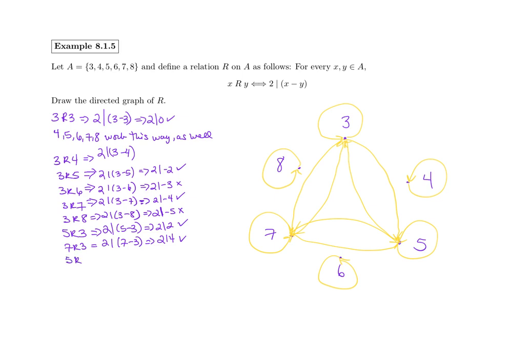So 5 to 7 and 7 to 5 also work. So we'll write those down. 5 minus 7 gives us a negative 2, which is divisible by 2, and 7 minus 5 is just 2, which is a multiple of 2.